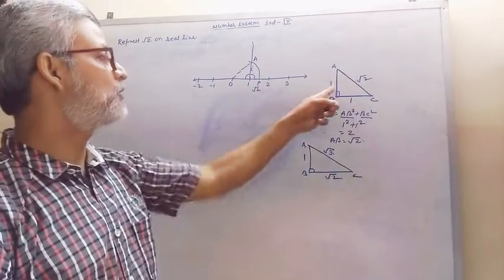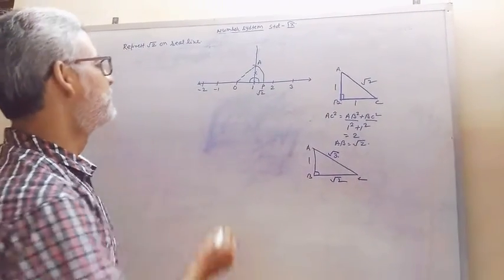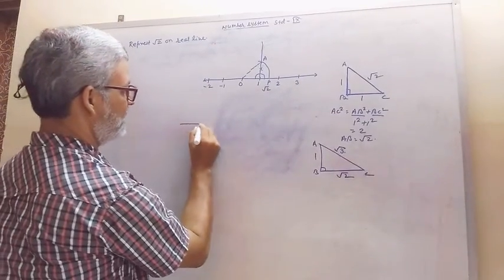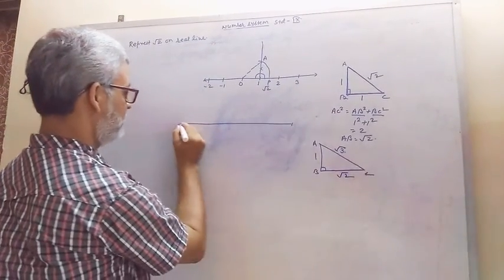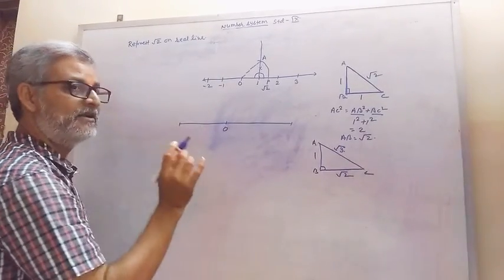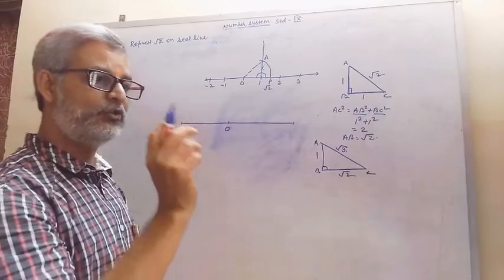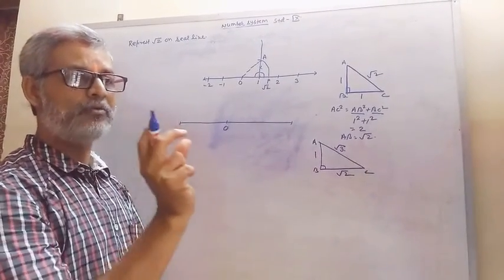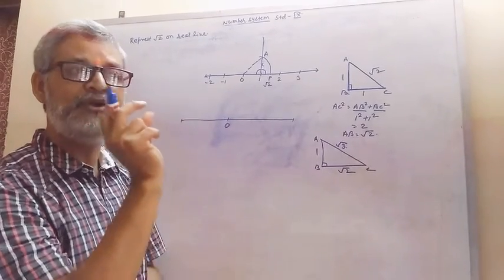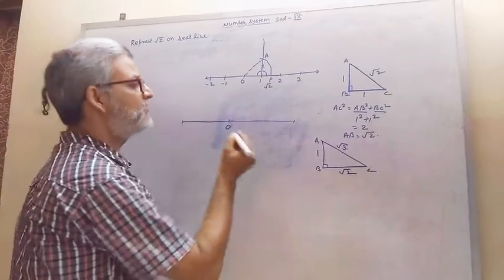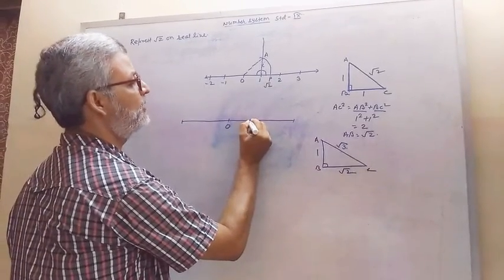Now, how to represent this? First we draw a number line. This is 0. After that, according to your convenience, you decide how many centimeters to take as 1 unit. Normally 2 or 3 centimeters is taken as 1 unit.